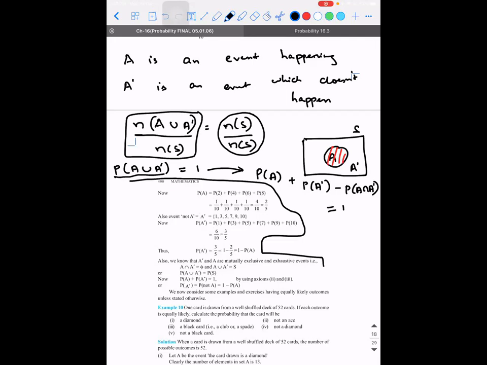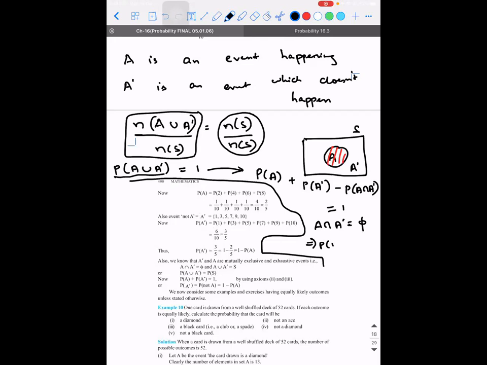Now tell me guys, what can you say about the events A and A dash? They are exhaustive events. Apart from being exhaustive, they satisfy another condition also. They are mutually exclusive events, right? What do you mean by mutually exclusive events? A intersection A dash is a null set.